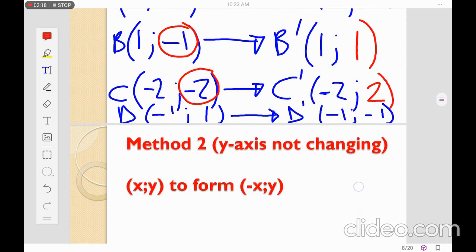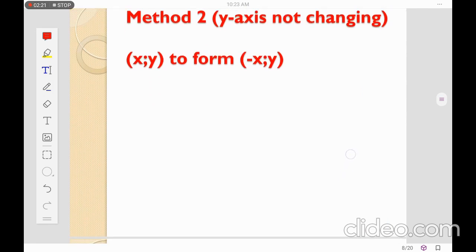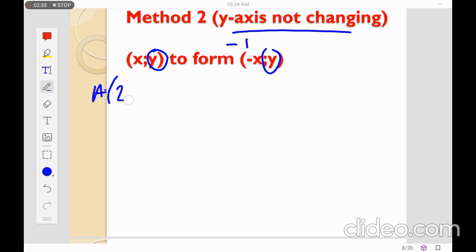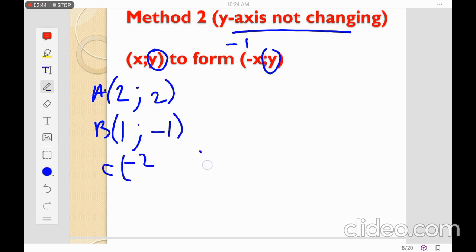Let's go for our x. Where our y is not changing, y will remain the same and our x we multiply by minus 1. We had A is 2, 2, B is 1, minus 1, C is minus 2, minus 2, and D is minus 1, 1.